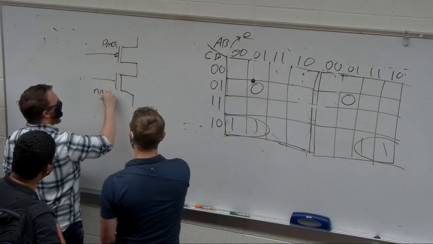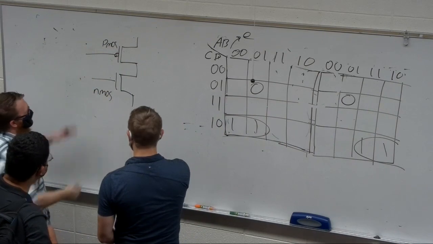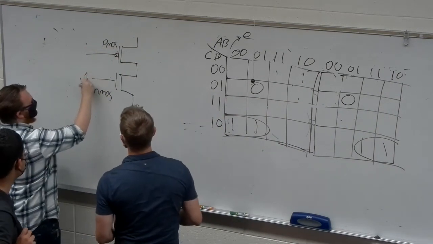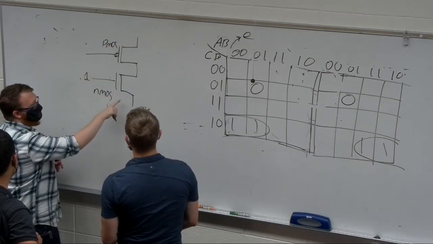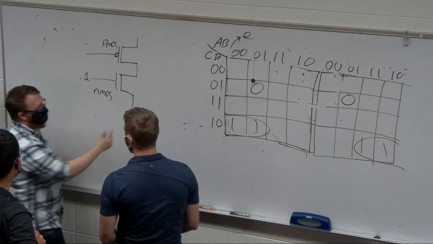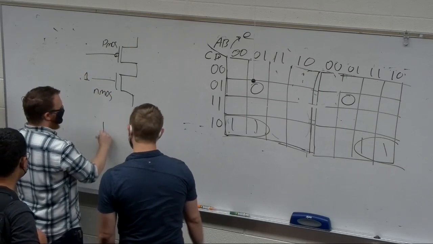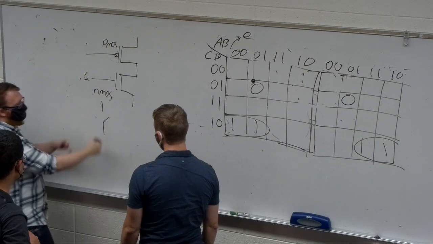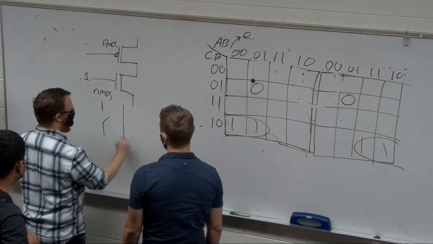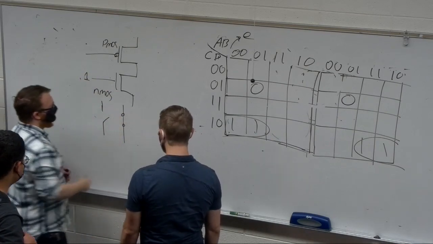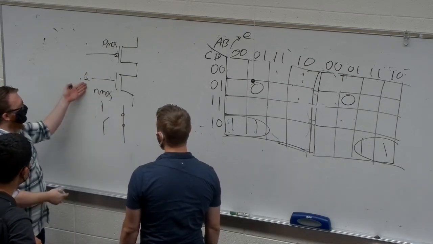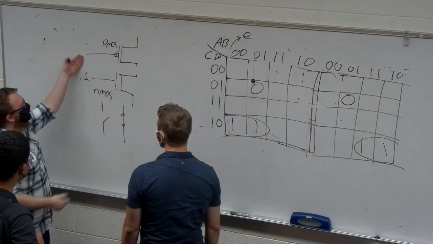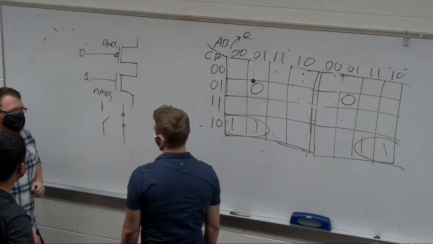This is an NMOS. They're switches. This turns the switch on. Off in a switch looks like so, disconnected, nothing closed. On in a switch just looks like this. So on means current can flow. 1 turns an NMOS on. 0 turns a PMOS on.